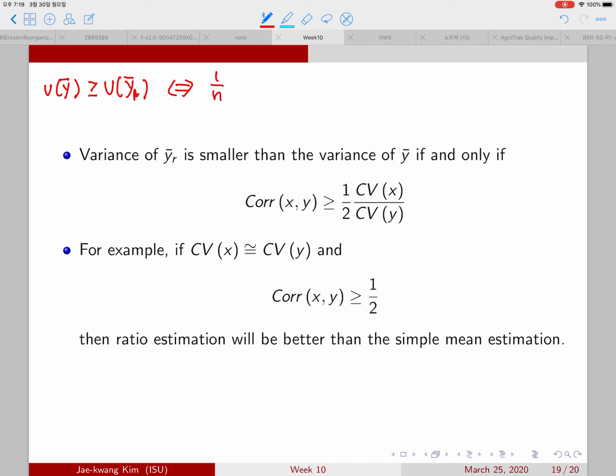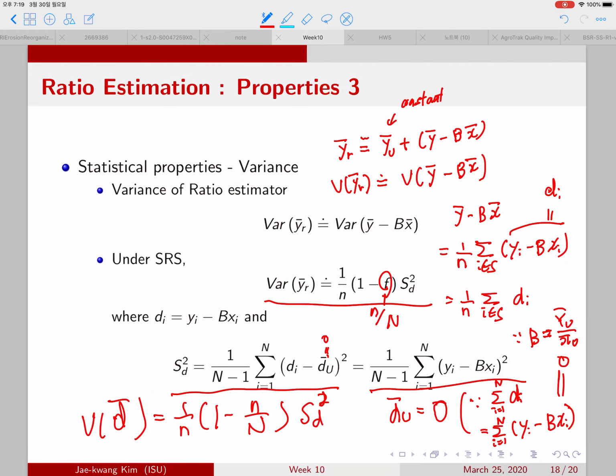So the first one basically is s_y square, and that is 1 over n, 1 minus n over N, times s_y square, right? So we have only to compare when s_y square is less than or equal to s_d square. So s_d square is this guy.